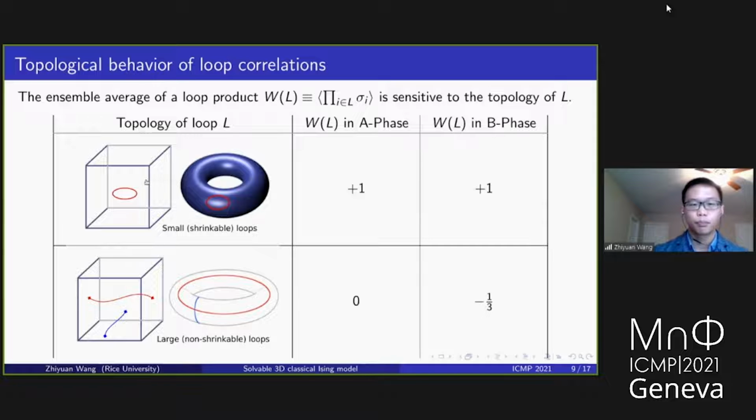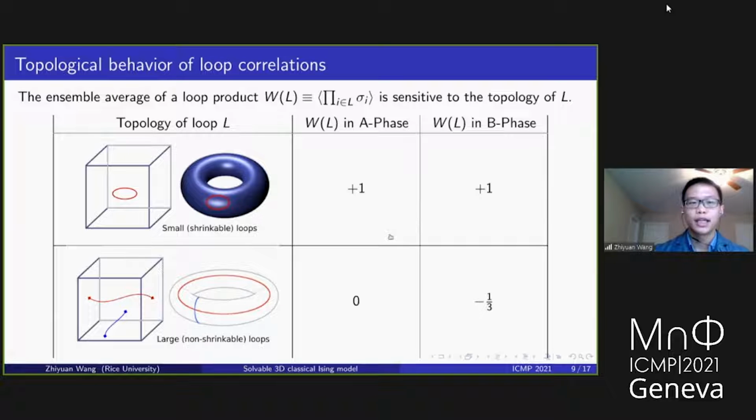Basically, if we use periodic boundary conditions for all three directions, namely putting the system on a 3D torus, then for shrinkable loops, the product of this observable on a shrinkable loop is equal to +1 for both the A phase and the B phase, while on non-shrinkable loops that wind around the torus in the X or in the Y direction, the expectation value of this loop product is equal to 0 in the A phase, but equal to -1/3 in the B phase.